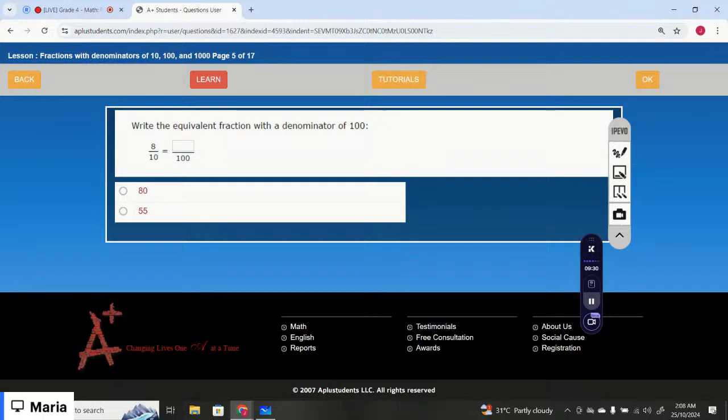Okay, the next one is write the equivalent fraction with a denominator of 100. So basically, the thing you need to learn here is you can find the equivalent fraction by multiplying and dividing the fraction by the same number, right?